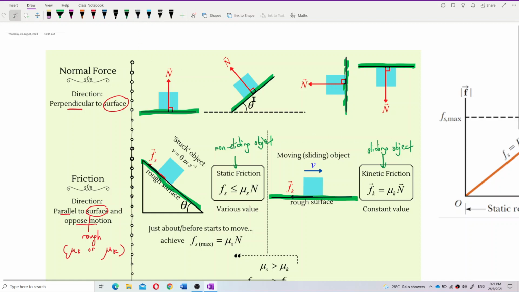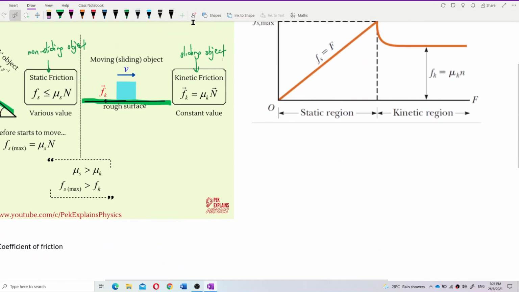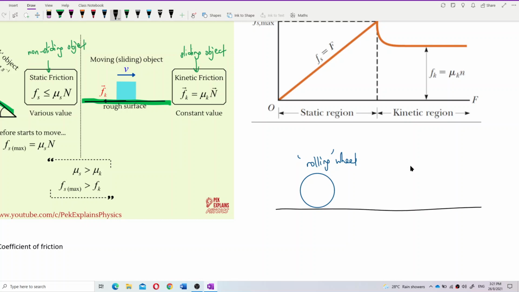Because there is another example, a rolling wheel. I want to talk about this. A rolling wheel, it rolls through the road.